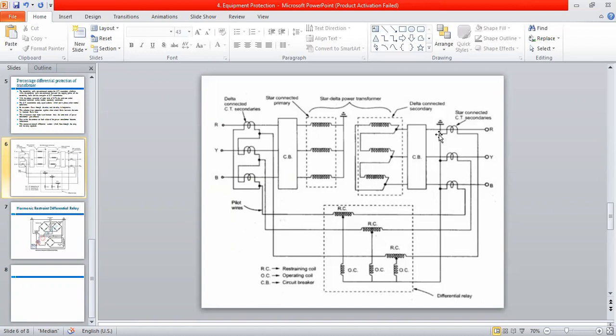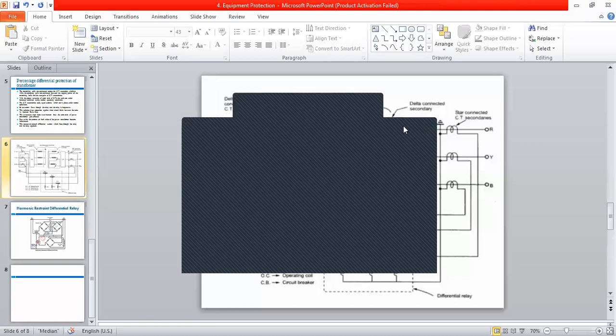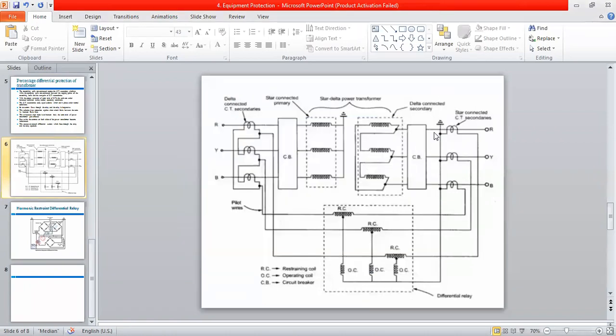Is the pointer visible to all? Okay. So this R phase CT is connected to R phase CT.